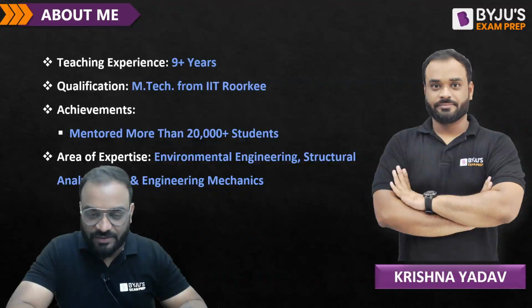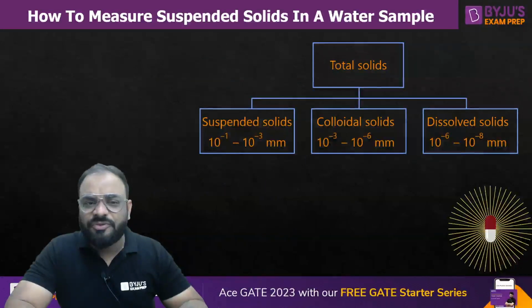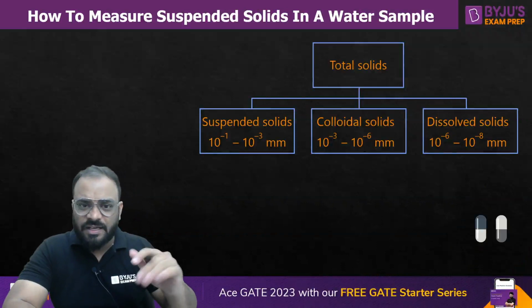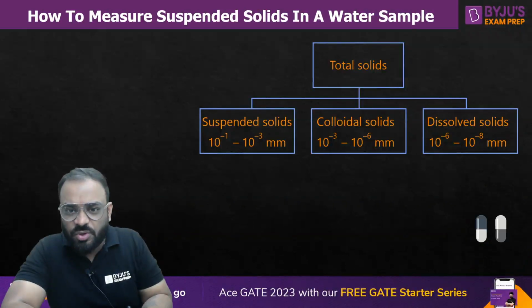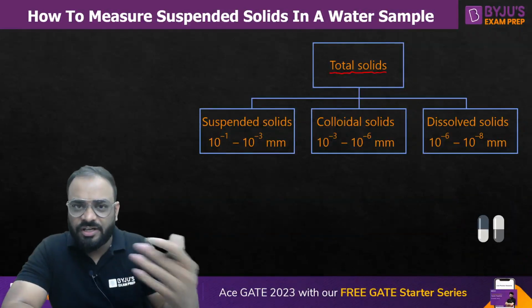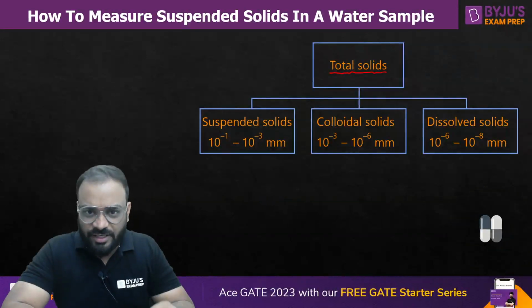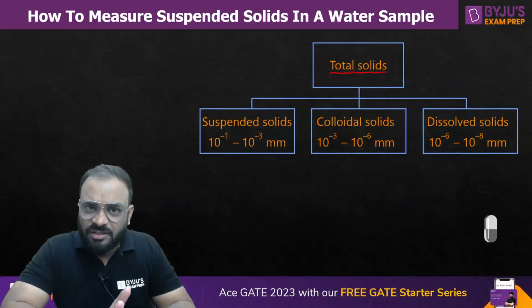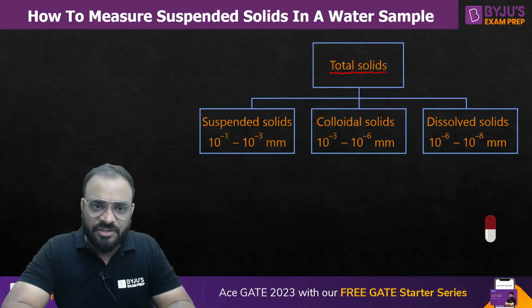So first of all guys, we need to understand what is basically suspended solid, what is dissolved solid, what is colloidal solid. Can I say that whatever solid you have, it can be of organic type or of inorganic type. If I want to bifurcate what is organic and what is inorganic, we can use a very simple definition.